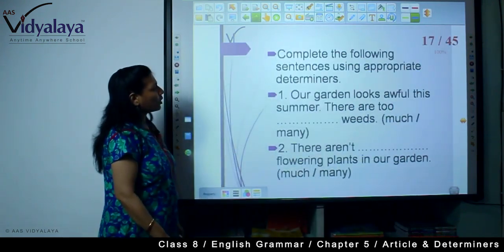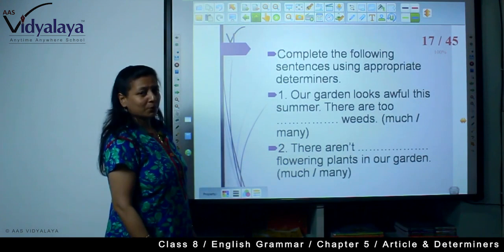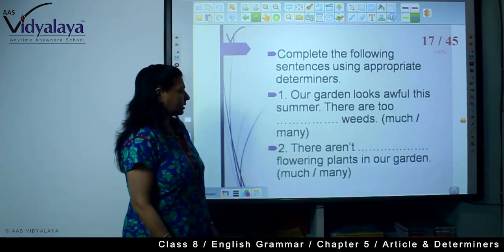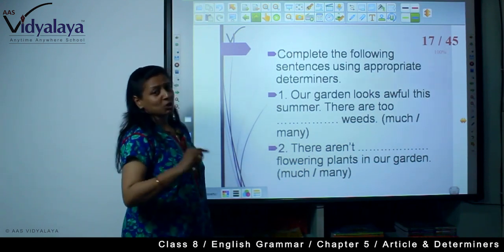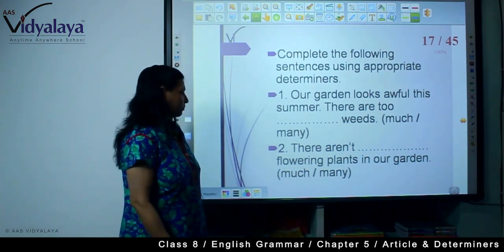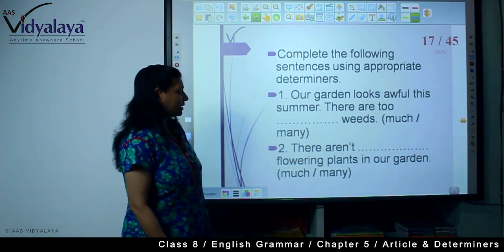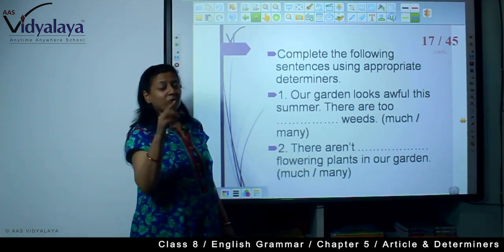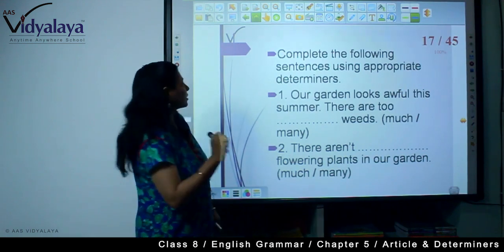Now complete the following sentences using an appropriate determiner. Our garden looks awful this summer. There aren't dash flowering plants in the garden. Much or many, you need to write. Much or many: many for countable, much for uncountable.